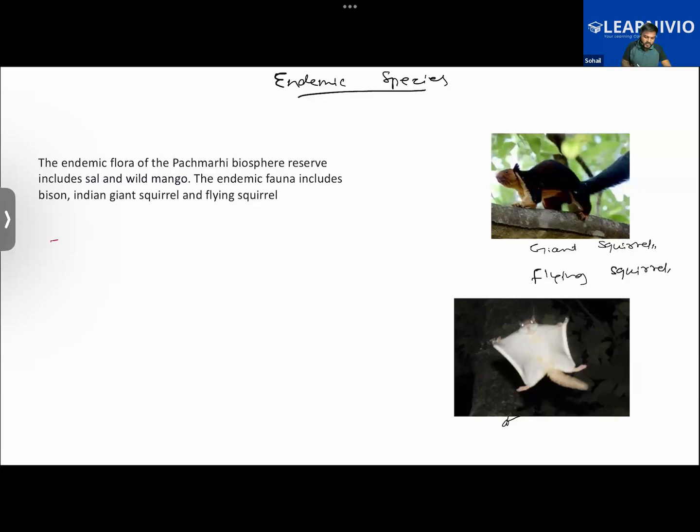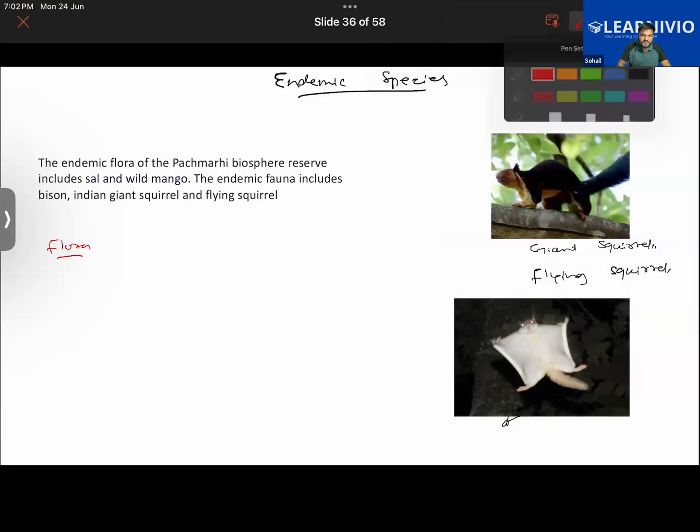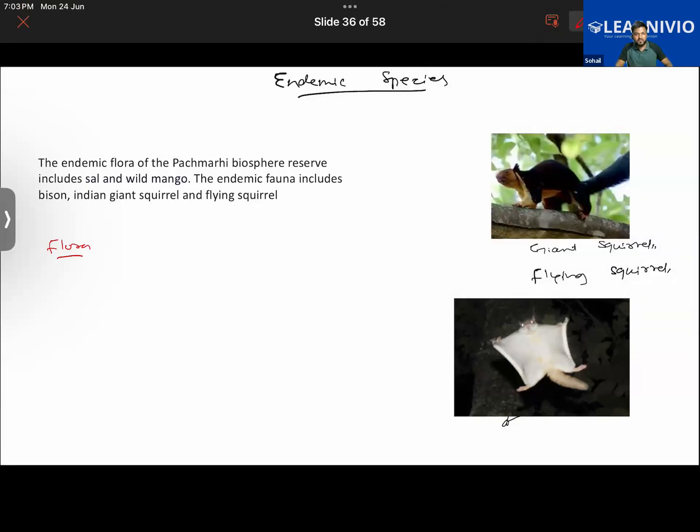Then there is some flora also that is endemic to Panchmari Biosphere Reserve. For example, you have wild mango. Apart from this, we also have other endemic species, for example the sal tree.